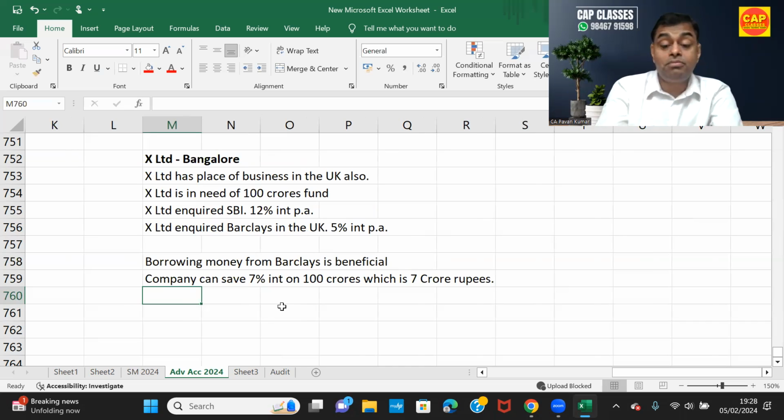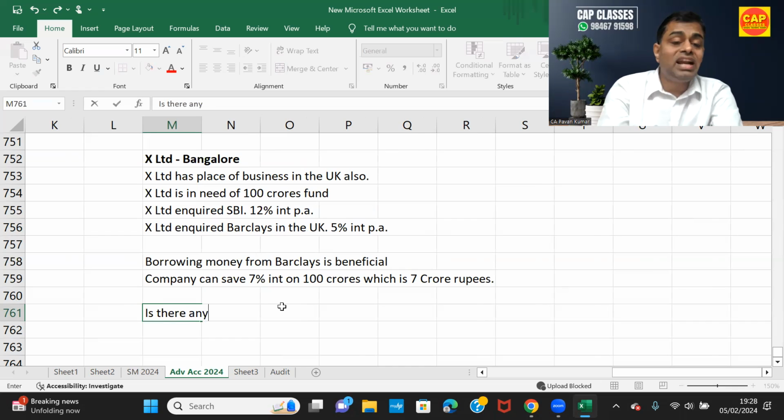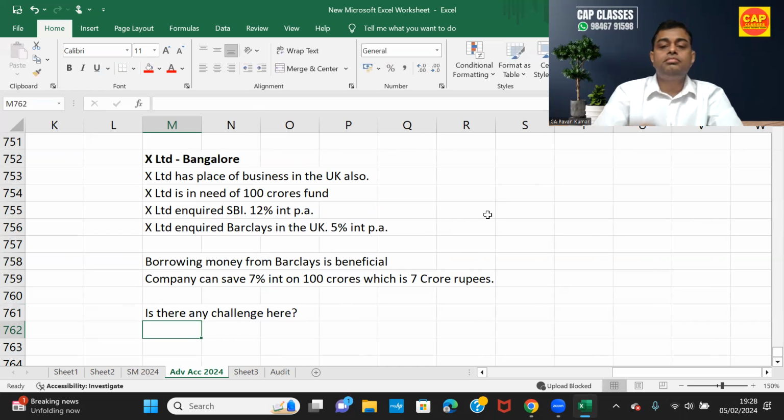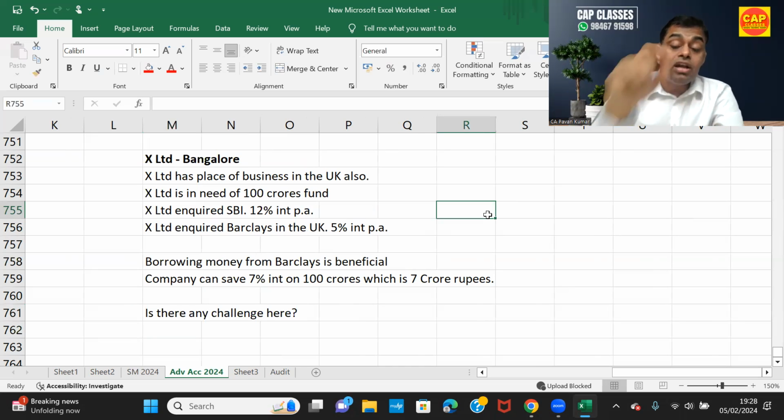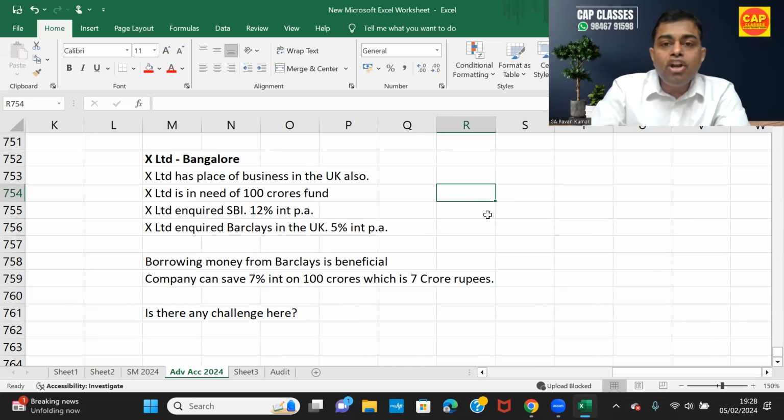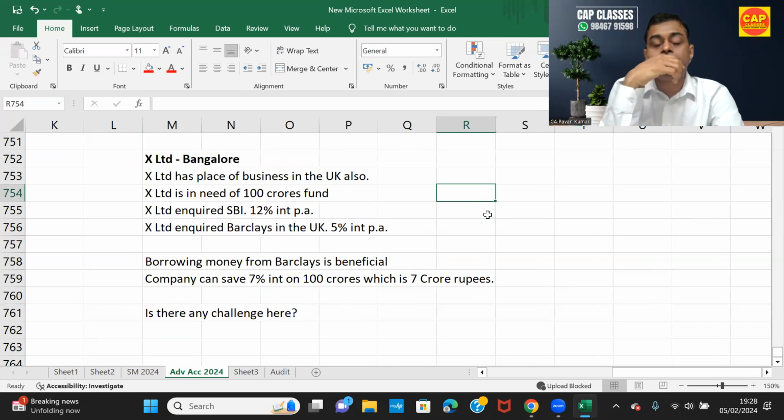But now there is a problem. Did you see any concern here? Is there any challenge here? Yes, sir. Exchange rates. Yes, because Barclays will not give you a loan in rupees. You'll have to convert and take the equivalent money in pounds.